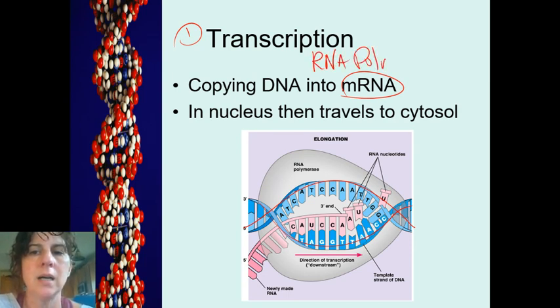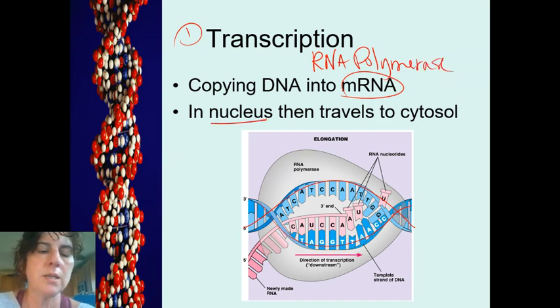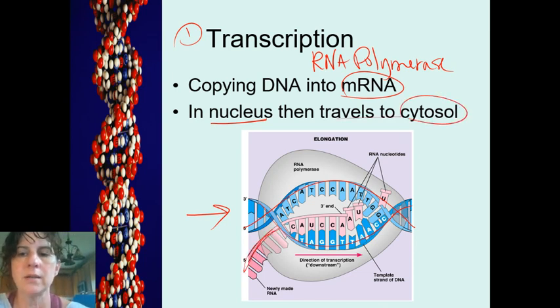That's the enzyme that actually allows that to occur, all right? Occurs in the nucleus because where's DNA found? DNA is found in the nucleus, so it has to occur in the nucleus. Then that messenger RNA that you see in pink is going to move out to the cytosol to find a ribosome. This whole process of making the messenger RNA, that's transcription.